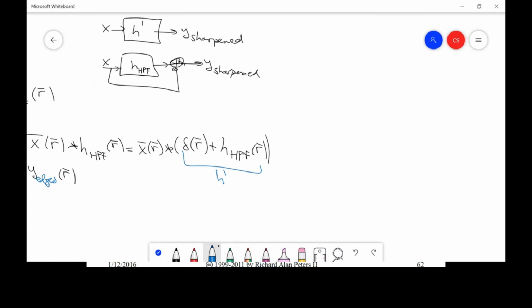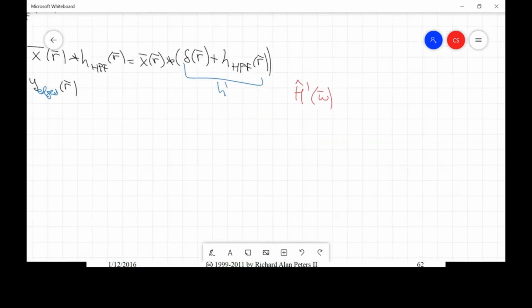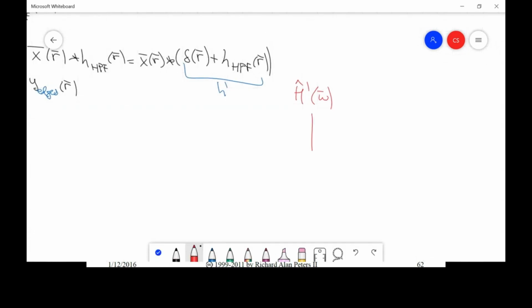So this is a high-pass filter. So let's say it is a Gaussian high-pass filter. So the Fourier transform of this would be something like this. I will write the formula. Omega.